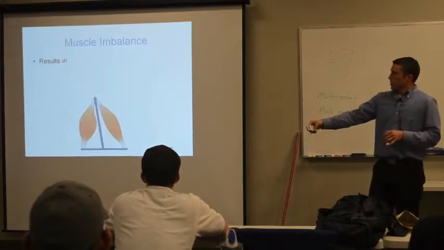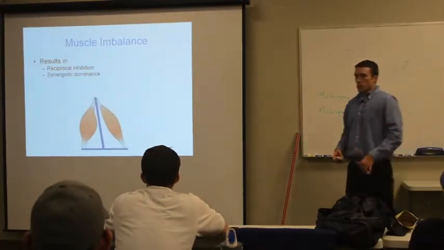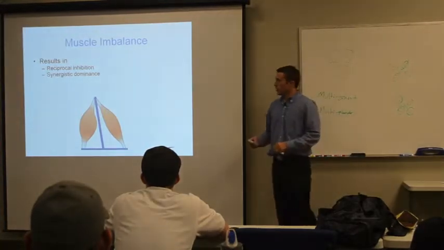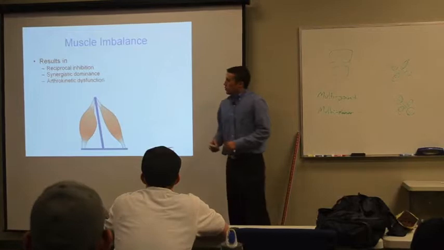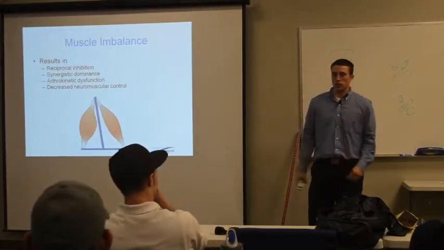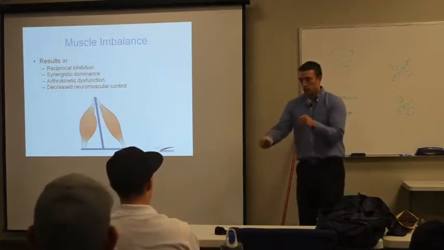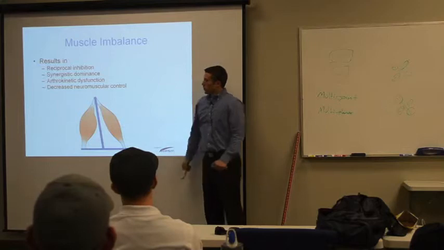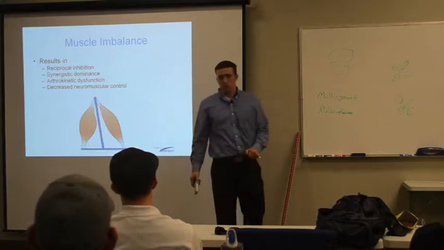Okay. So who remembers these fun words? You can remember how these go together. So this is what happens and how the imbalance kind of takes place over a long period of time. We're doing this over injuries and micro injuries. But who remembers what a reciprocal inhibition means?